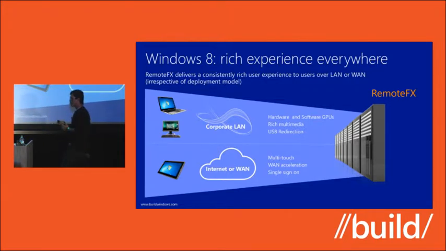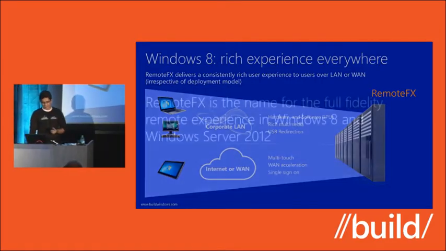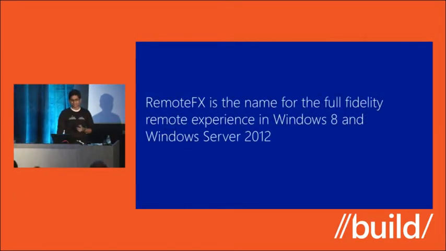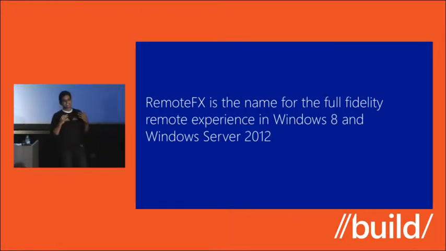Let's now go into the details of each of these features and look at demos that will substantiate the experience that end users get. So before I move on, for some of you that are familiar with RDP and how we've branded certain features, in the 7.1 release, our Remote Desktop Protocol was the display remoting protocol.